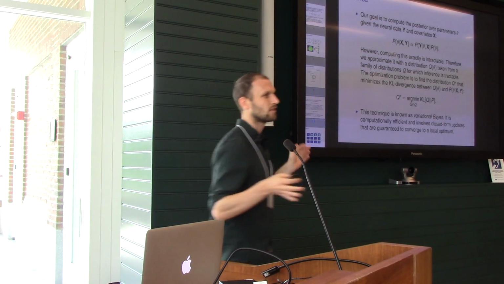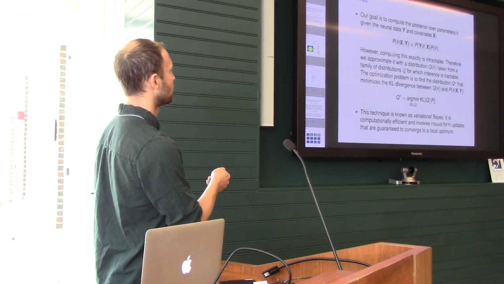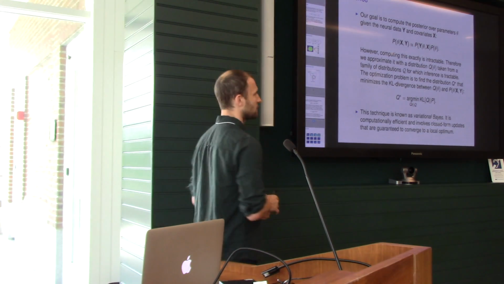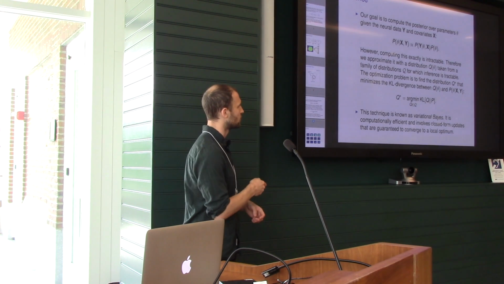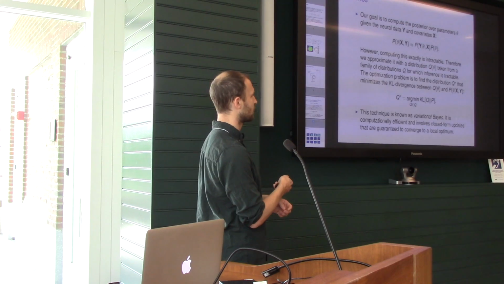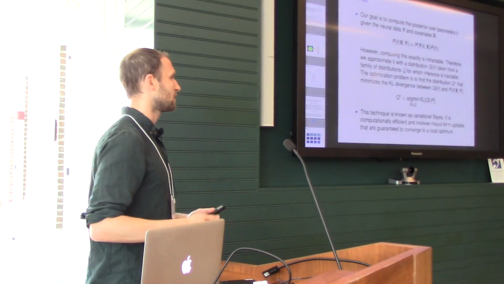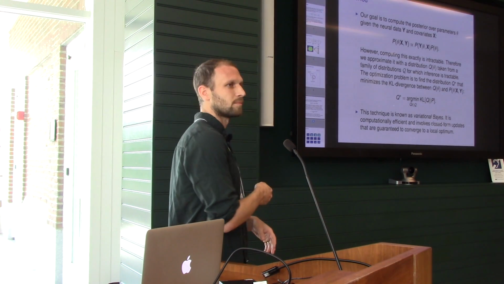Now, if you're completely unconstrained in this minimization, then you'll just recover the exact posterior, right? But that's not very helpful, because we already said that optimization is intractable. However, we can impose some constraints. In particular, we can assume that this approximate posterior factorizes in a particular way, and we make some other distributional constraints. And when you do that, then you can basically derive very efficient updates for the parameters of this approximate posterior.